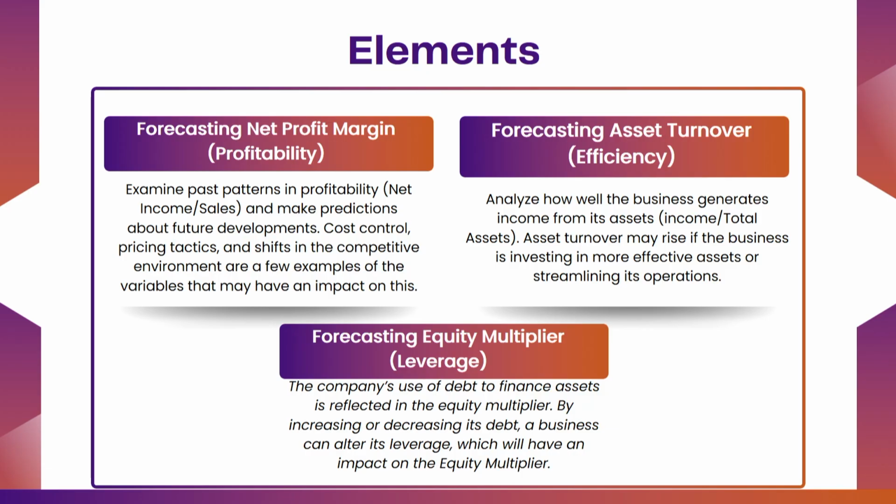Putting all these things together, when you talk about the first component and its prediction, here I have jotted down some explanations: examine past patterns in profitability, net income upon sales, and make predictions about future developments. Cost control, pricing tactics and shifts in the competitive environment are a few examples of the variables that may have an impact on this.